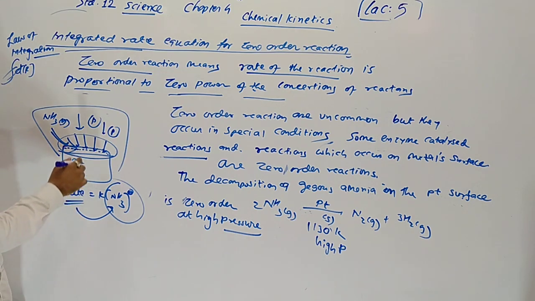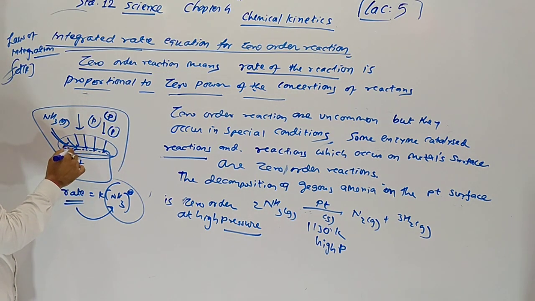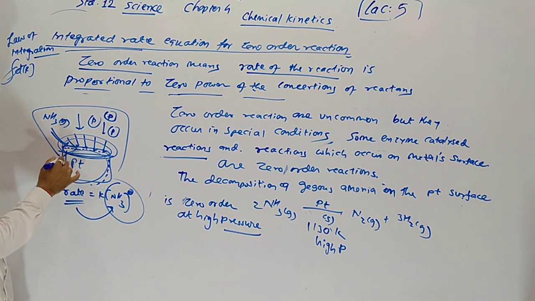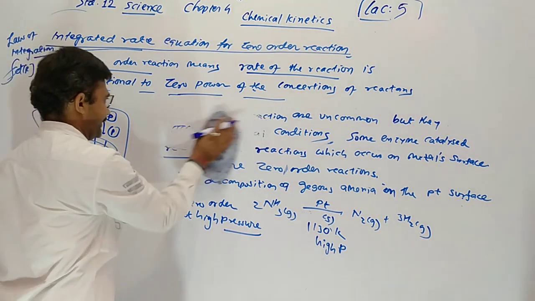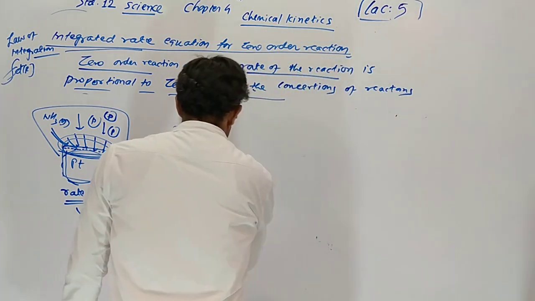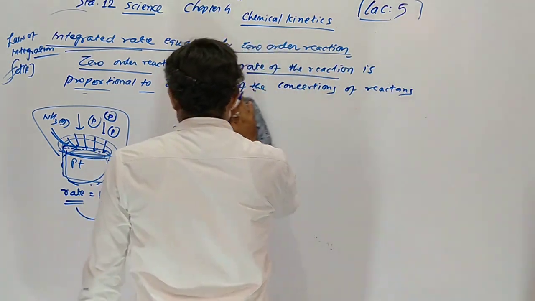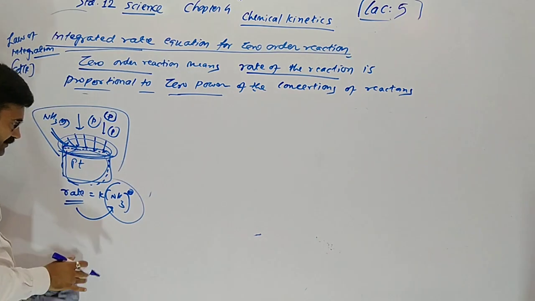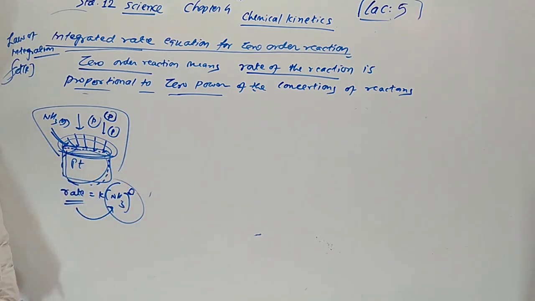Once the pressure is high, all the holes on the surface are filled by ammonia gas. Our surface has become totally saturated, so the rate of reaction is independent of the concentration of ammonia. So it will be zero order.